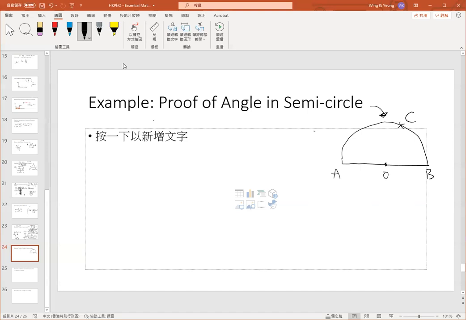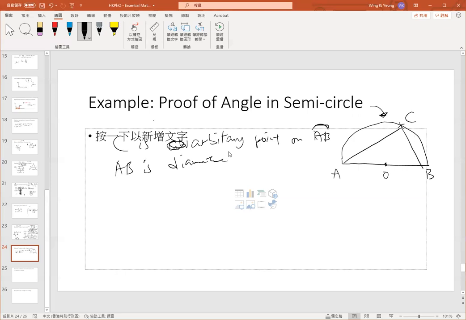C is some arbitrary point on the arc AB. It's not equal to A or B. And AB is the diameter of the circle. Then the angle ACB is 90 degrees.